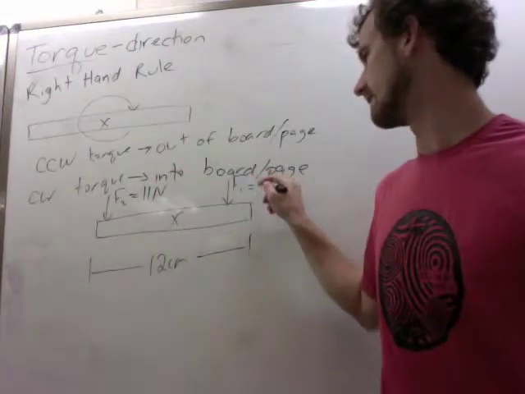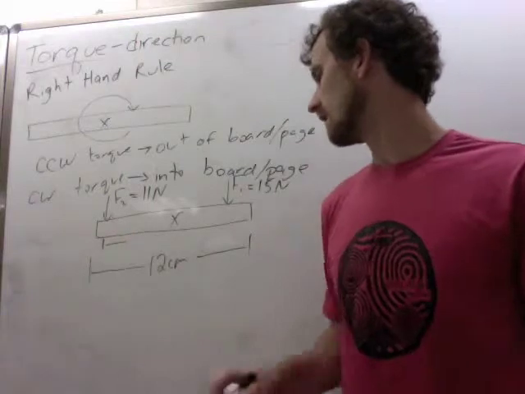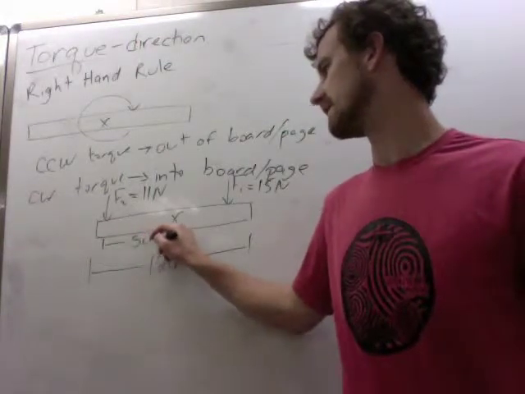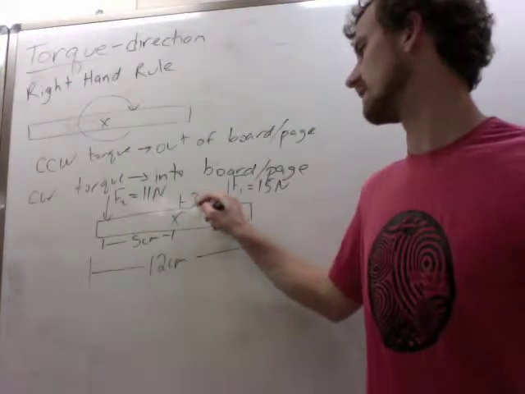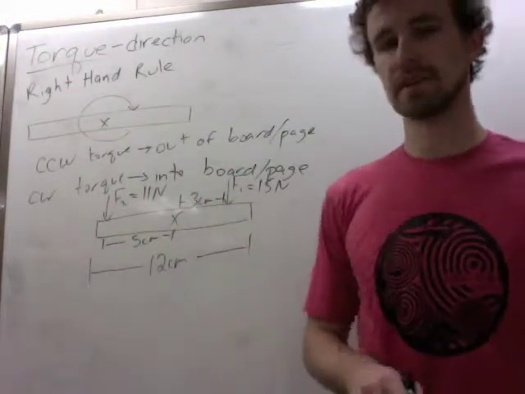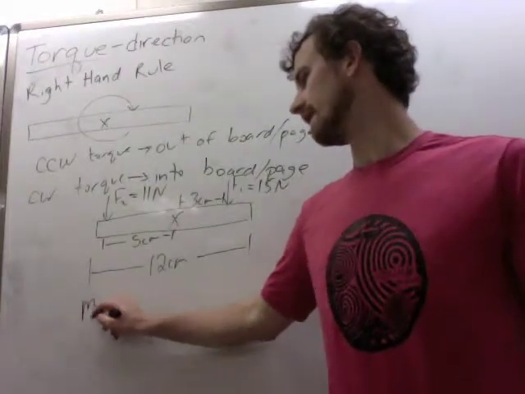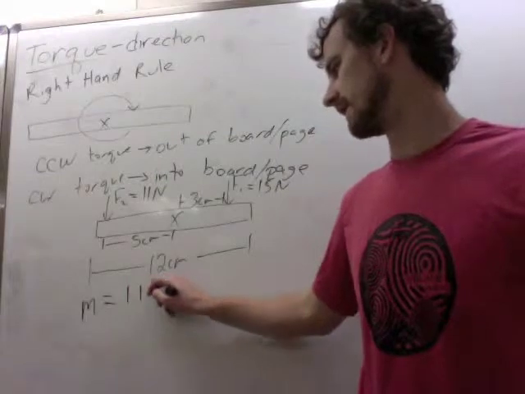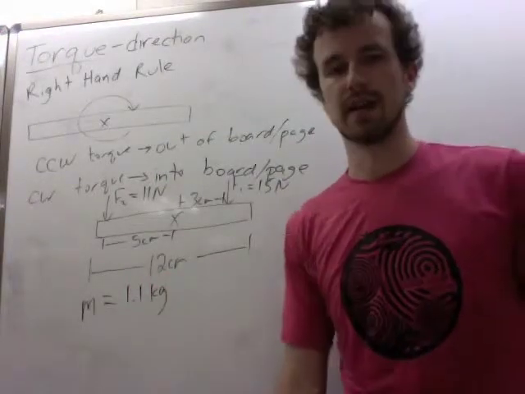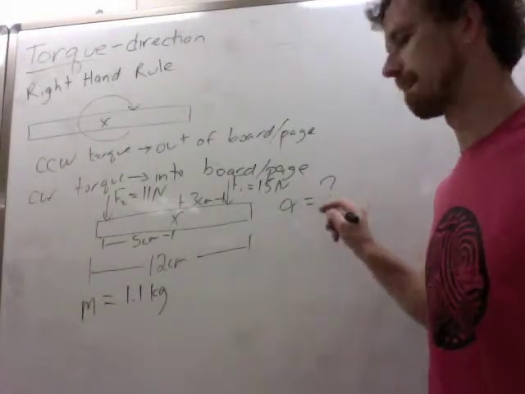F1 has a magnitude of 15 newtons. F2 is acting 5 centimeters from the axis of rotation. F1 is acting 3 centimeters from the axis of rotation. And the whole rod has a mass of 1.1 kilograms. And I want you to find angular acceleration.